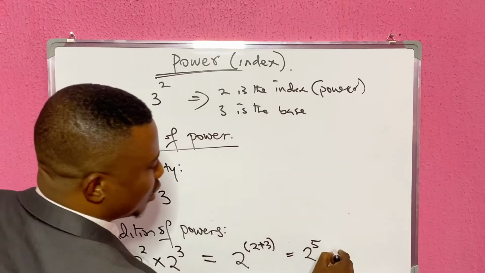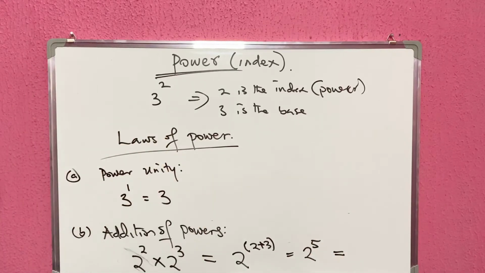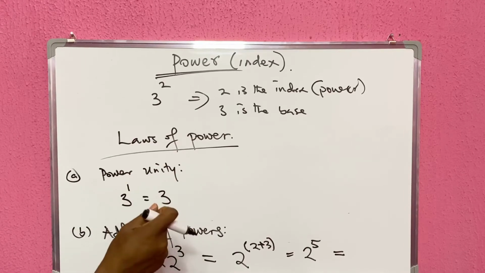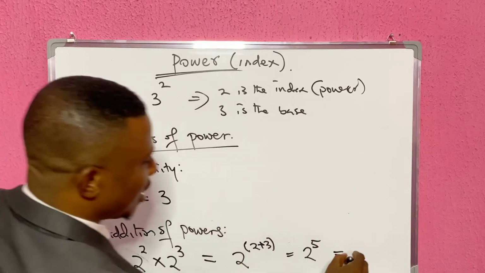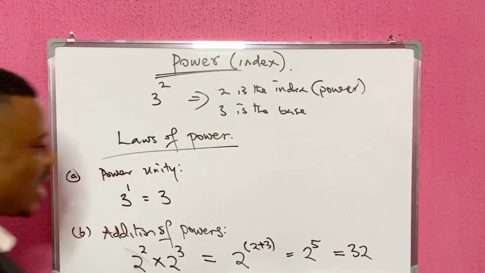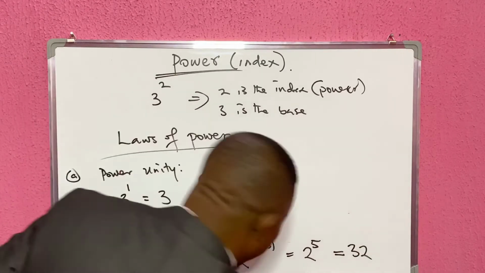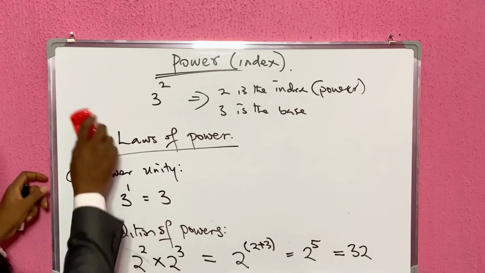And you know what is 2 power 5? It means 2 times 2 times 2 times 2 times 2. 2 times 2, 4. 4 by 2, 8. 8, 16, 16, 32. So you have 32 as your answer. That's how to handle addition of powers.